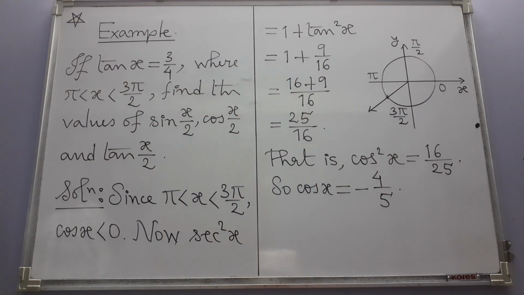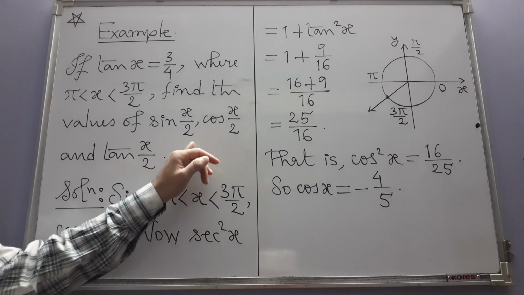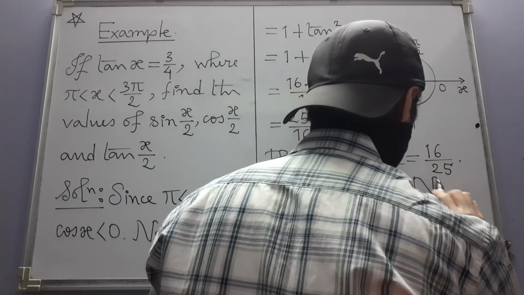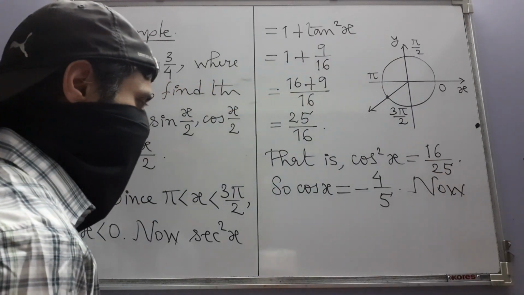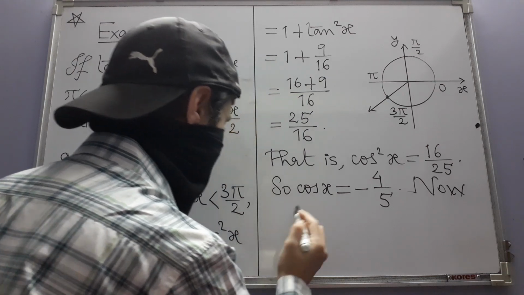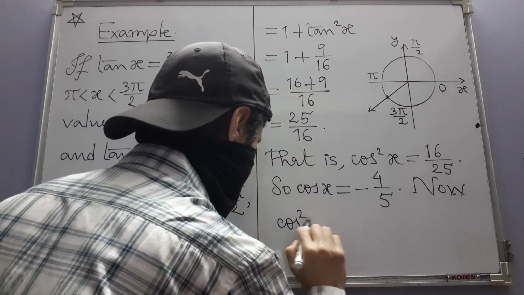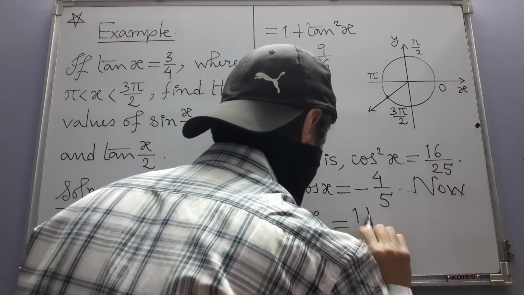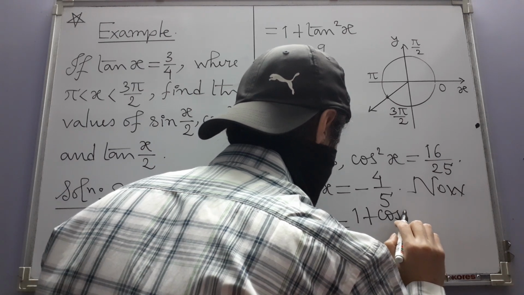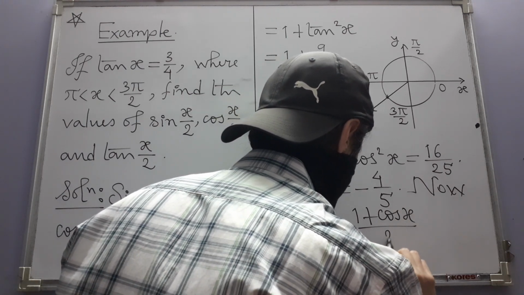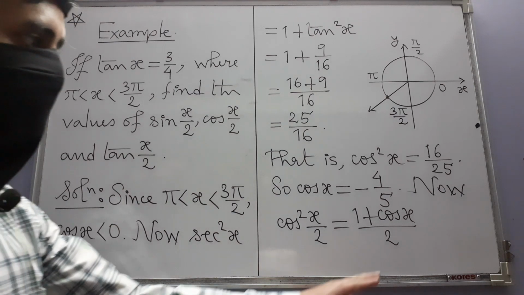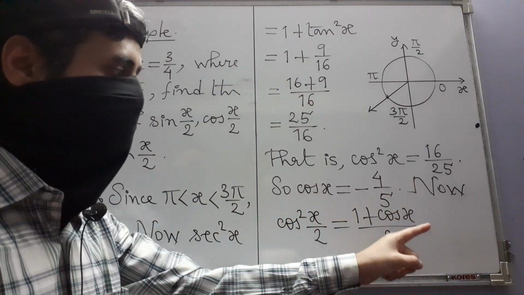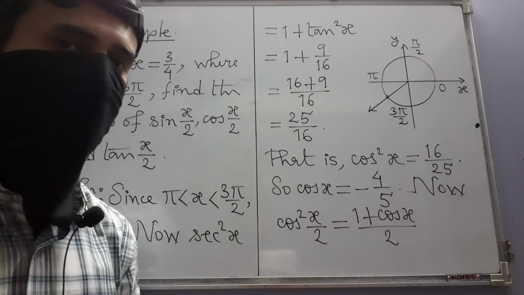Okay, so now that we have found cos x, we can find say cos x over 2. How can you write cos x over 2, say? Cos square x over 2 is 1 plus cos x divided by 2. Because you can view x as 2 times x over 2, and 1 plus cos 2 theta divided by 2 is cos square theta.